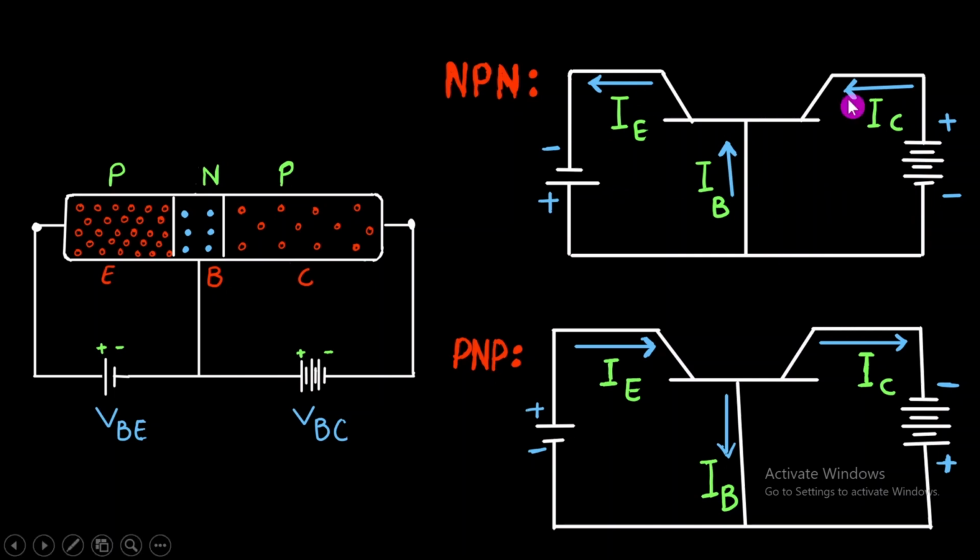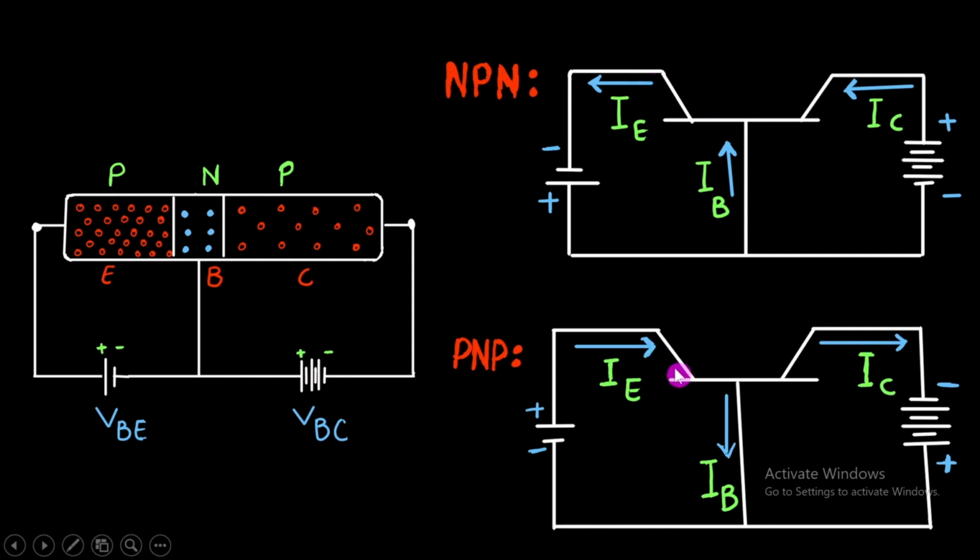Okay, so here in this circuit we have one mistake. If we consider this the emitter side, in this emitter side we will have some arrow. If the base is the p-type material, the arrow will be towards the emitter.